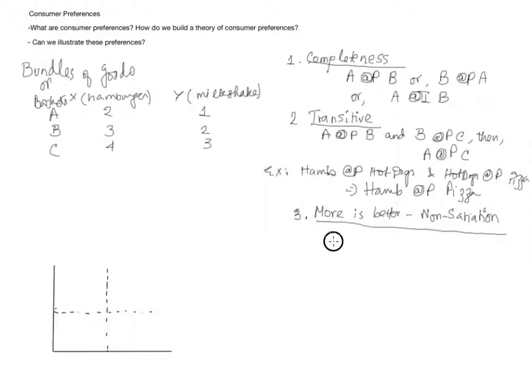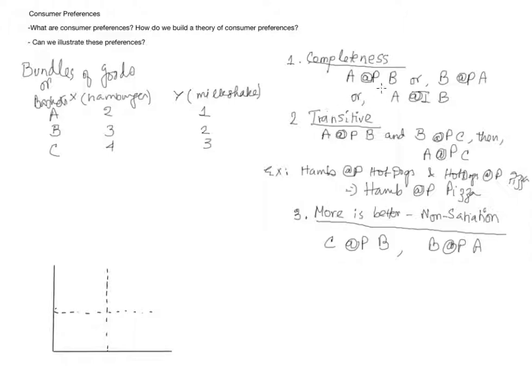So we want more is better. In our example, bundle C will always be preferred to bundle B, and bundle B will always be preferred to bundle A. Okay, so these are the three pillars of consumer preferences.